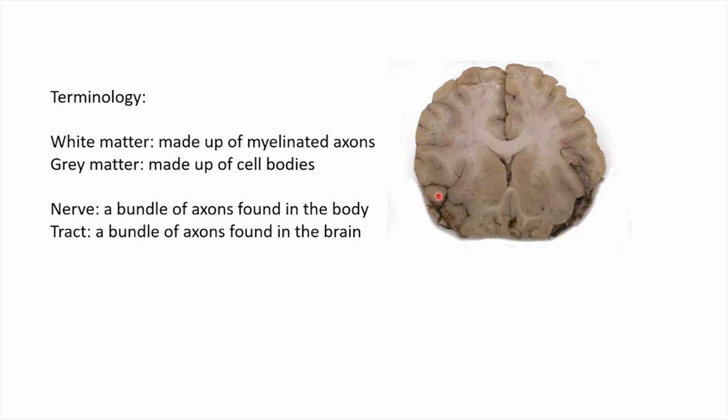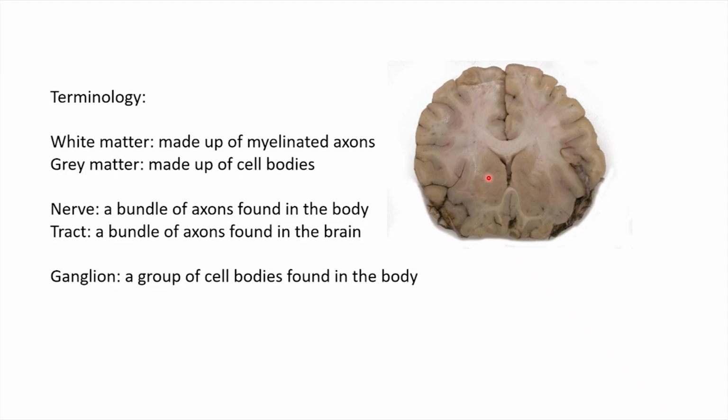We may also have bundles of axons within the brain, like this white matter part visible here. These can be called tracts. So both nerves and tracts are bundles of axons. It's just that when these bundles are present within the brain, we commonly call them tracts, and when they go out of the brain to different parts of the body, they're called nerves.